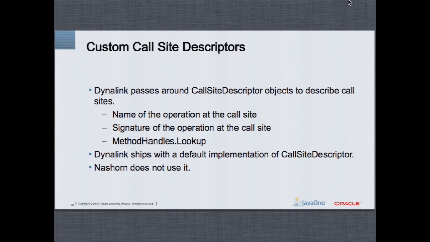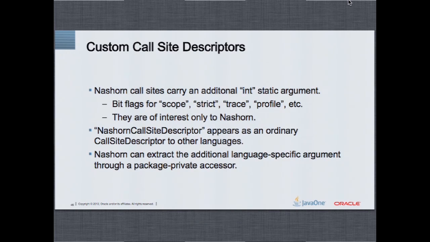However, we don't have that in Nashorn. We do have a default implementation of a CallSite descriptor in Dynalink, which again can be used by any language runtime. Interestingly, Nashorn does not actually use it. There's a reason for that. Because we need to have language-runtime-specific arguments in our CallSites, we actually carry an int there.